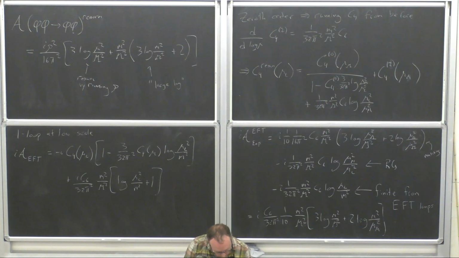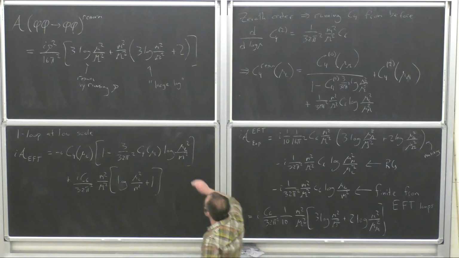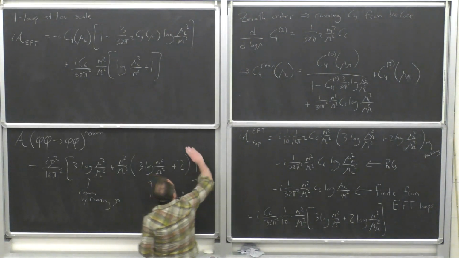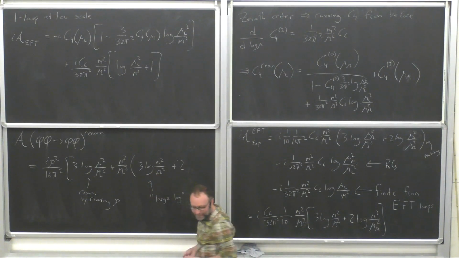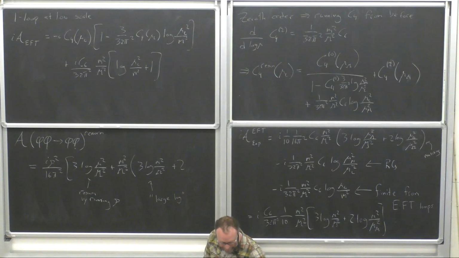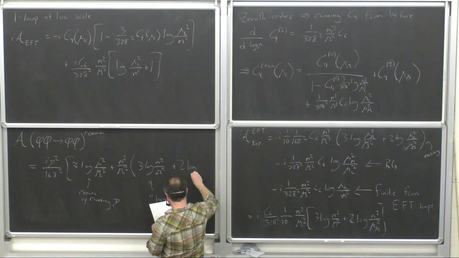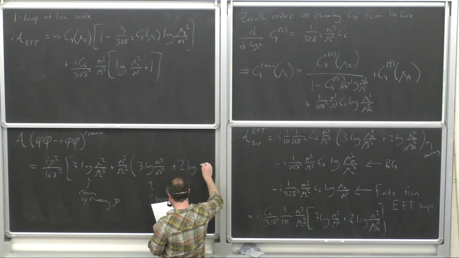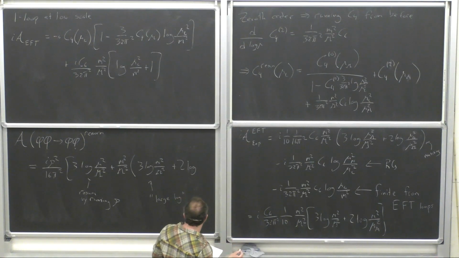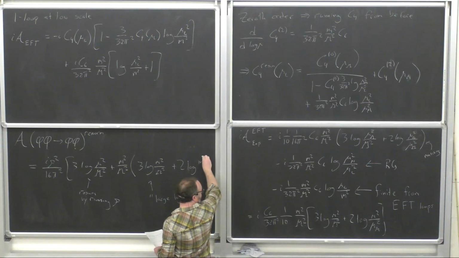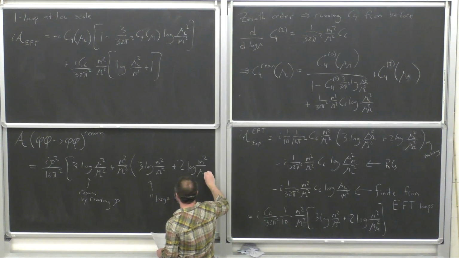Let's see what I have back here. Ah, I didn't write it correctly. Good. This is the problem with a calculation that's too complicated to do all the steps of. I have to trust my notes. I think this needs, yeah, this is the log m squared over mu squared.